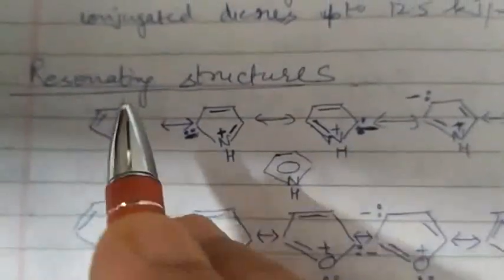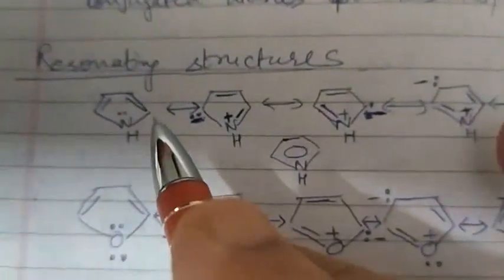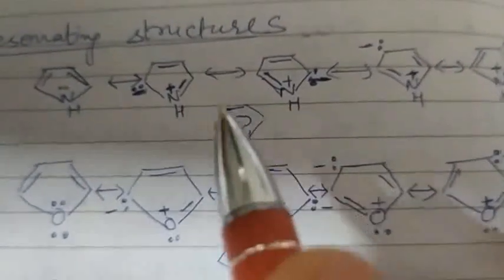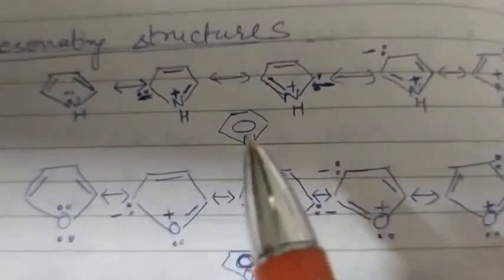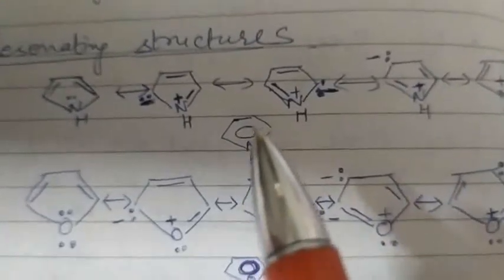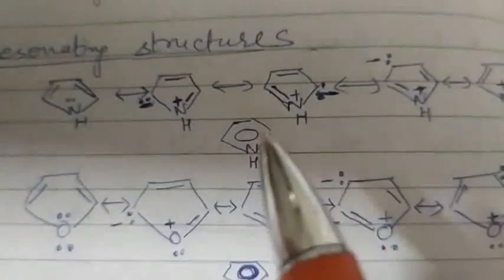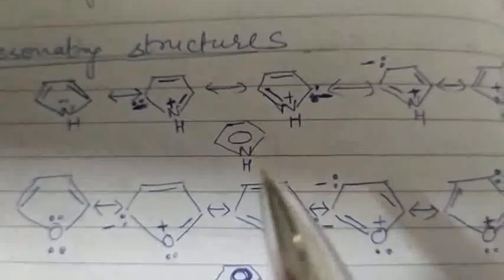The only one structure without charge separation will be most stable and will be contributing most toward resonance. Its resonance hybrid can be represented like this, a circle which is showing the delocalized pi electron cloud. It is a 6 pi electron cloud represented by this circle.